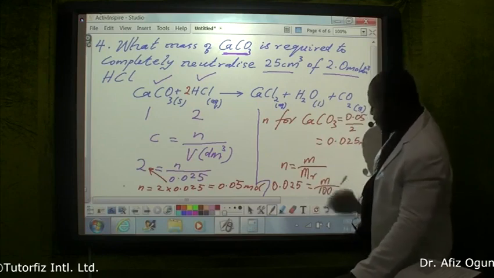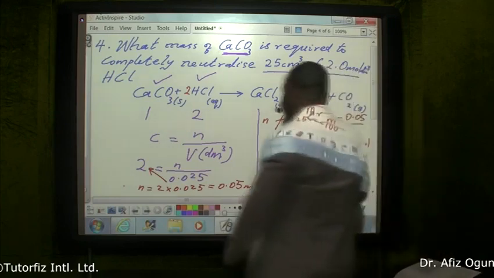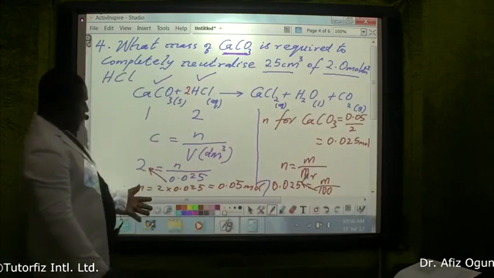100. So what do I do now? Cross multiply. Write this down before I clean it.